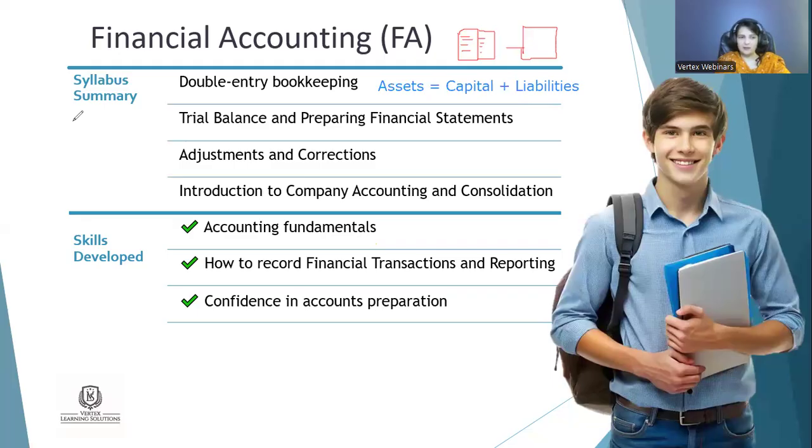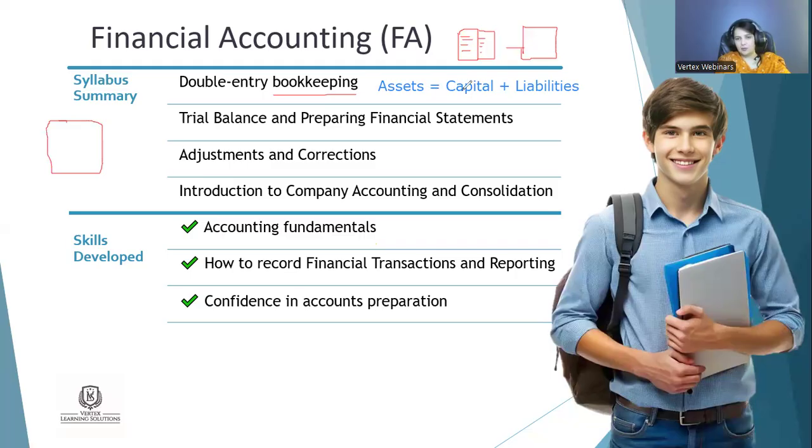Is he winning or losing? After a month, he wants to check his book, but maybe the bookkeeping method would not tell him a clear picture. But if he applies the accounting principles in his business, assets are always equal to capital plus liabilities.